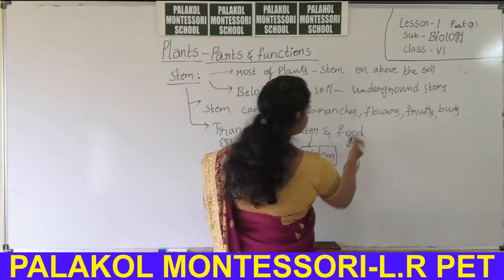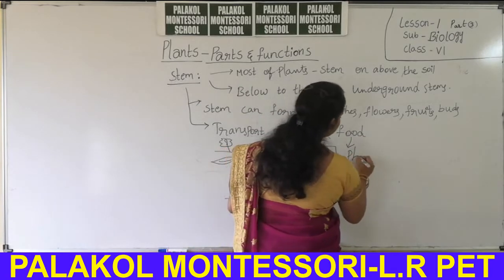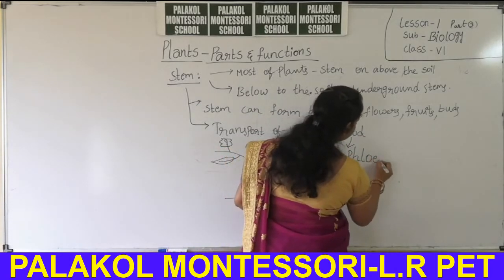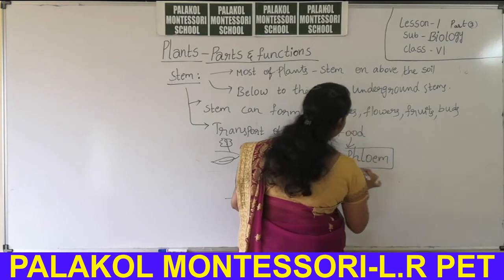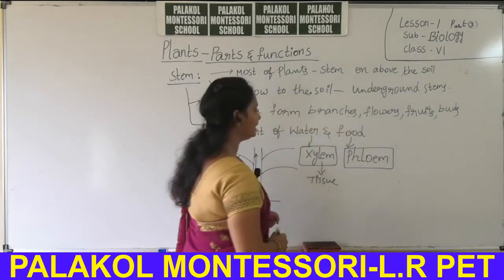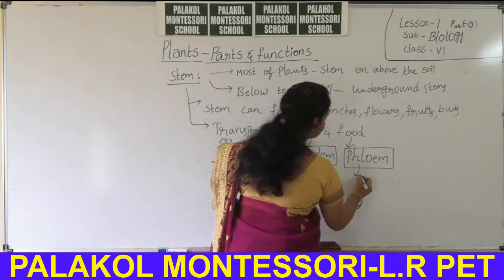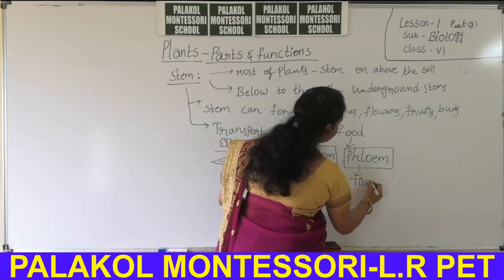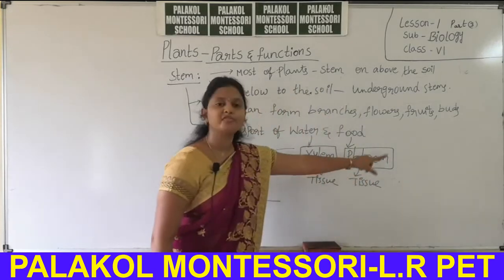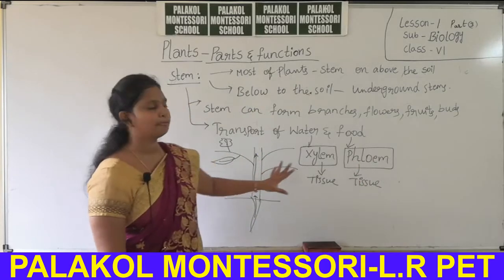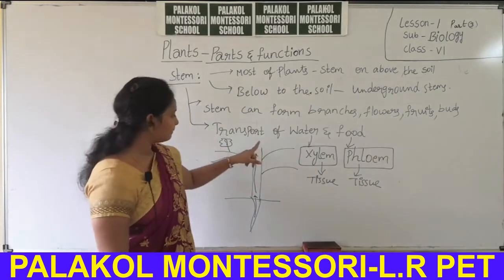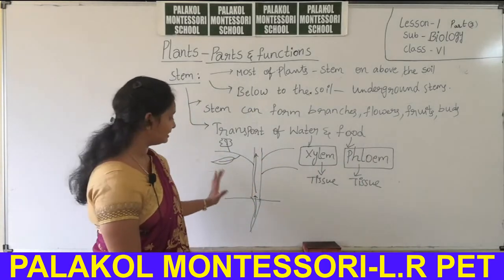Next, transport of food in the plant body is carried out by which type of tissue? That is phloem. These are the specialized tissues present in the stem.